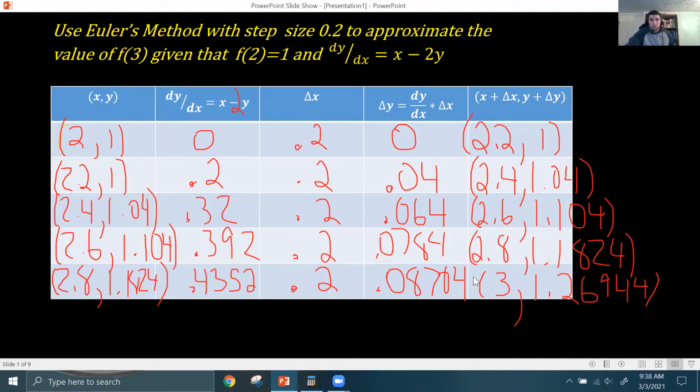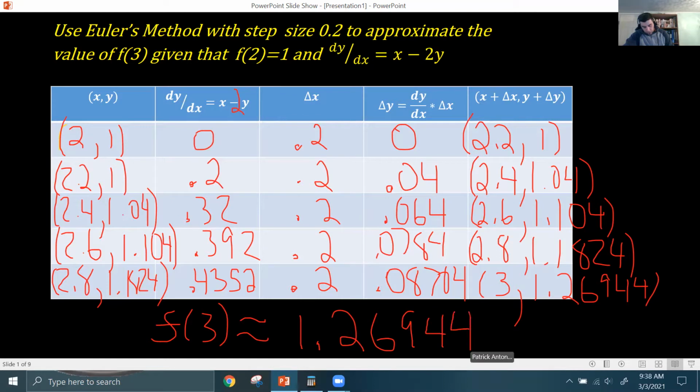And so to answer the question, we are done now. You don't need to do a new line with 3 because you are at the point when x equals 3. So to answer our question, f of 3, now I'm going to put wavy equal signs here because we're approximating the value of f of 3 as 1.26944. And that, ladies and gentlemen, will be your answer.